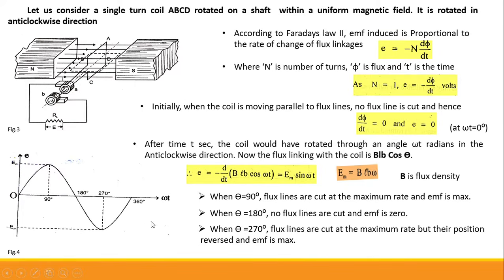When theta is equal to 270 degree, flux lines are cut at the maximum rate but their position reversed and EMF is maximum. So we are having minus Em. When theta is equal to 360 degree, coil is parallel to flux lines and EMF is 0.